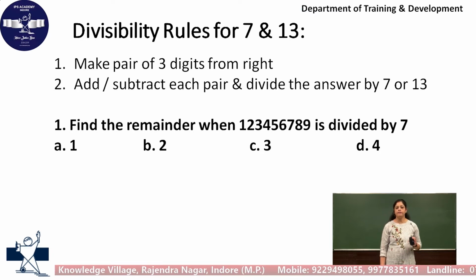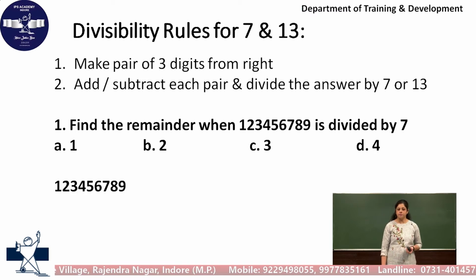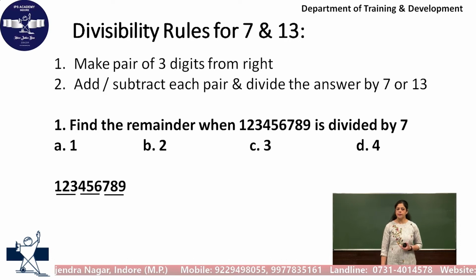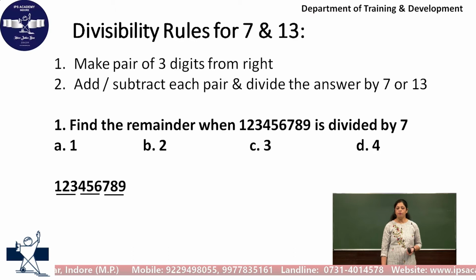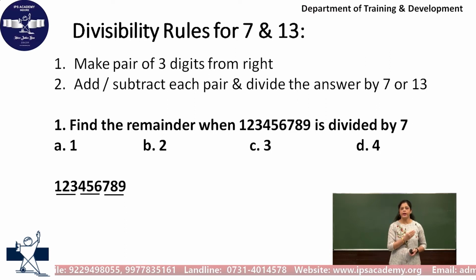So find the remainder when this number is divided by 7. What do we do? We write the number, we make 3 groups. Now since there are 9 digits, all the 3 groups are complete. Then what we do, add and subtract each group alternately. So starting from the unit digit, plus minus, ऐसा sign हम हर एक group को देंगे.